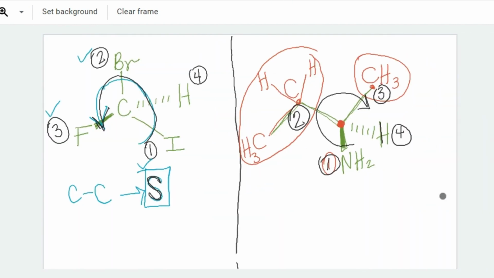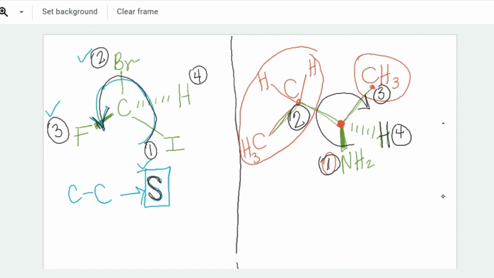Well, the H is hydrogen, right? It is basically pointing away from me because it has these plain lines. It's not a sharp shaded wedge, so it's going outside, it's going away from us.